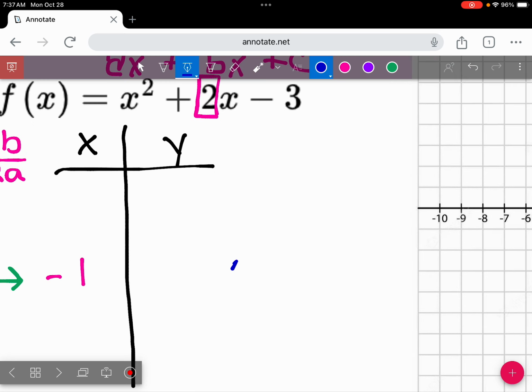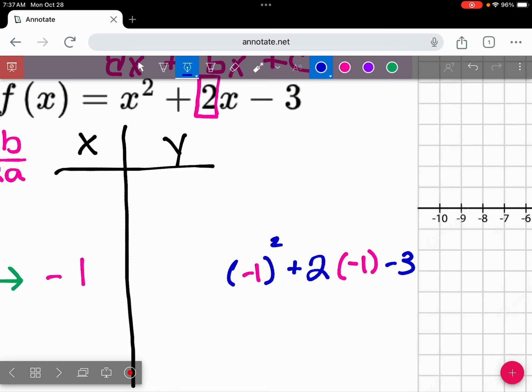So we're going to take our x value that we found, my negative 1 squared, plus 2 times my x value, which is negative 1, minus 3. And we can type that in the calculator. Make sure you put parentheses in there.